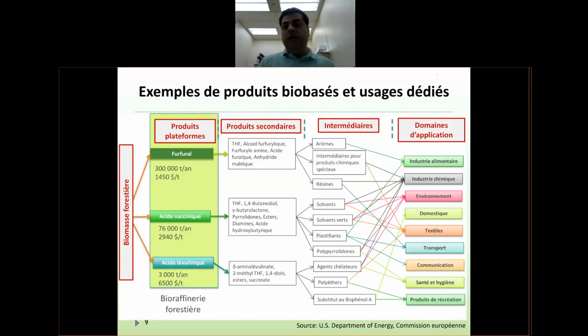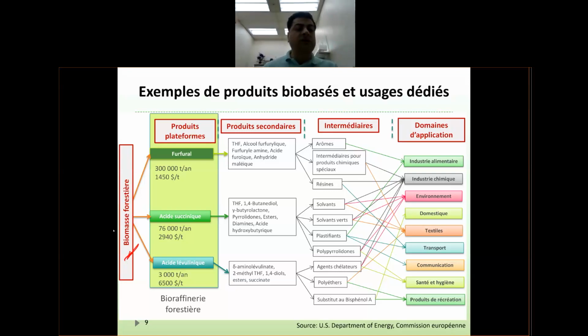So this is a graph that shows a typical example of some final products that you can make from biomass. Imagine that, for example, you have a forestry biomass, like a woody biomass. This is my pen. So this is the start from here, on the left.